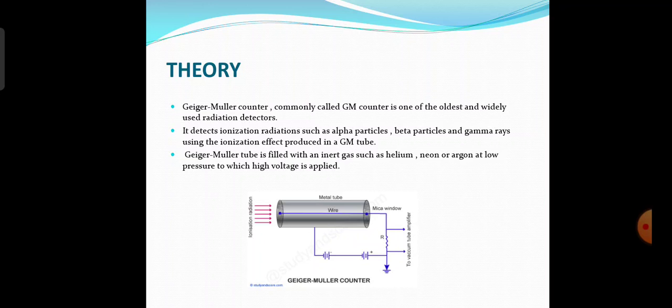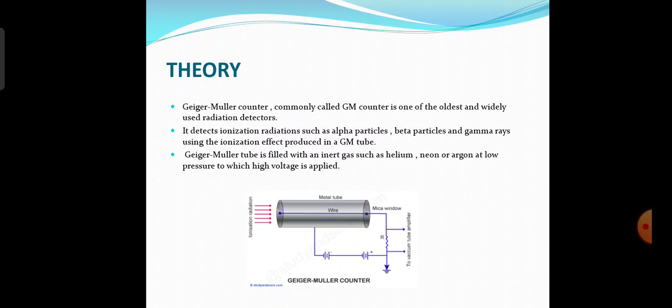These charges will further ionize more atoms, thereby setting up an avalanche of ions and electrons which set up a discharge current, and the current causes the voltage between anode and cathode to drop, which the counter detects as a signal, since here the detection is based on the avalanche.